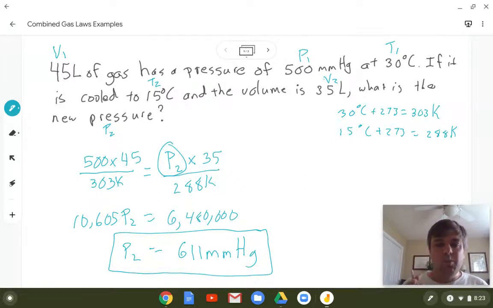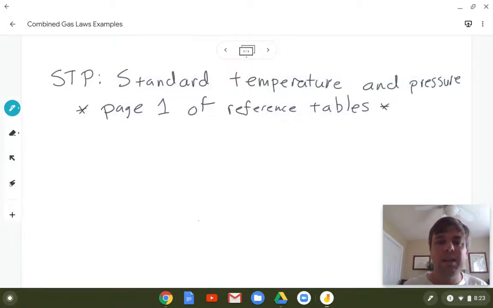Now, there's one more thing I need to teach you, and that's something called STP. STP just means standard temperature and pressure. This is just a set of conditions that scientists have come up with that they are calling standard conditions.